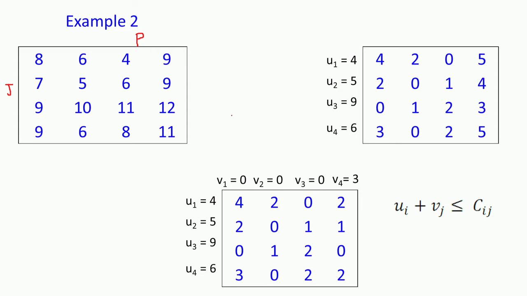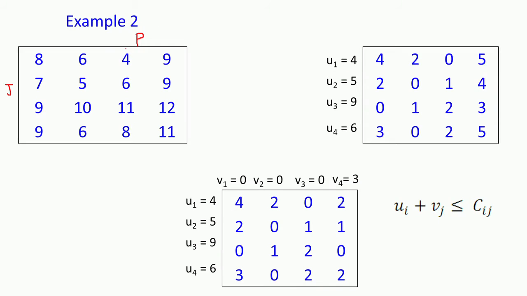The first step we did was we subtracted the minimum from every row. We identified the row minimum and subtracted it from every element of the row. The first row, the minimum happened to be 4, and then we subtracted this to get 4, 2, 0 and 5.